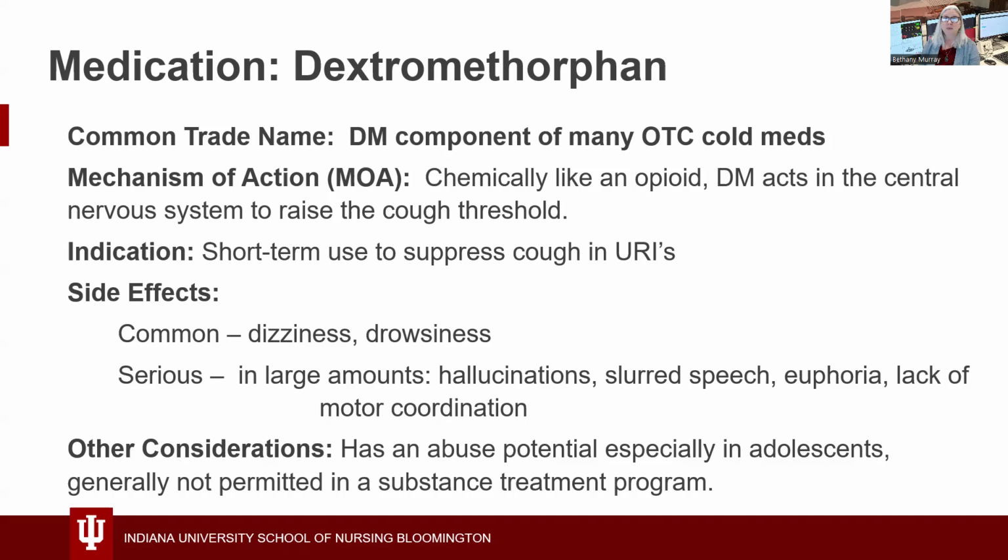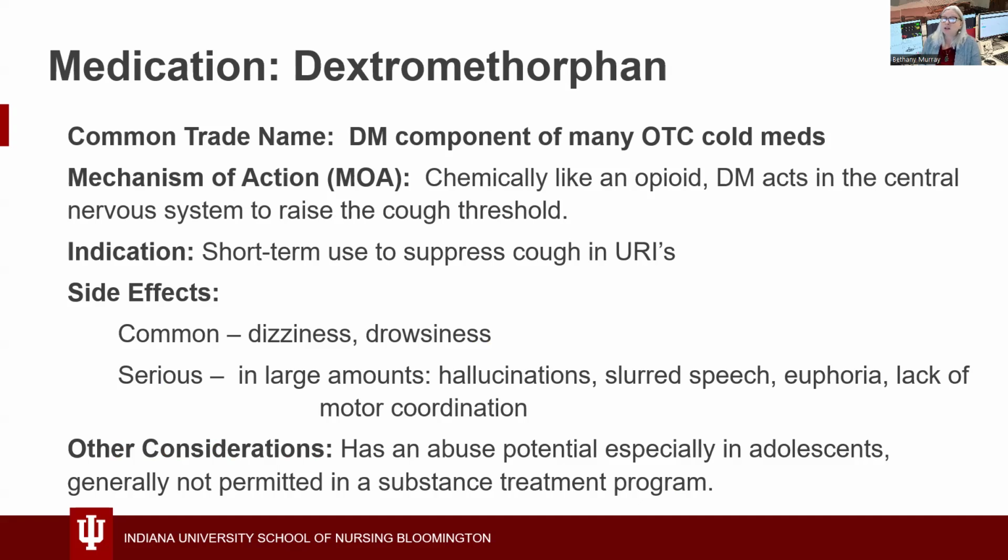If people taking an opioid antagonist like naltrexone try to take dextromethorphan, it's not going to have much benefit because the naltrexone will block the dextromethorphan very similarly to blocking an opioid. But otherwise, they're very good for short-term use to suppress cough, especially for that 5 to 7 days when someone just isn't sleeping well at night.